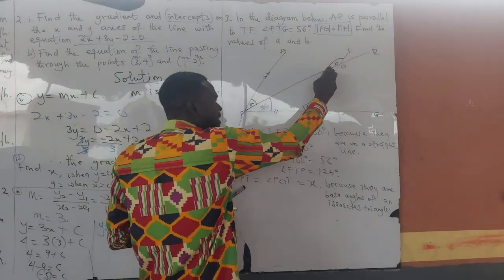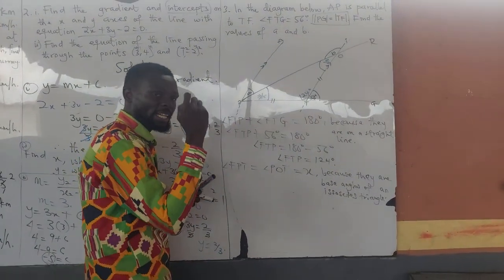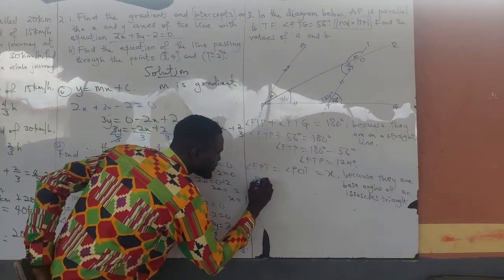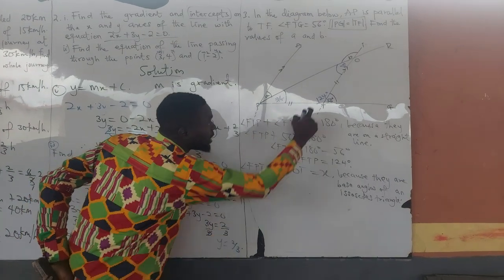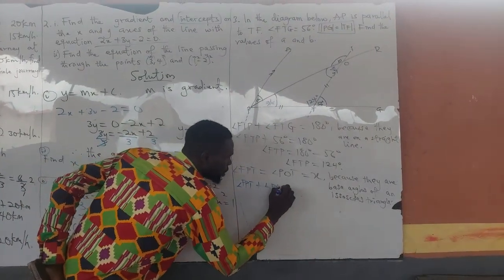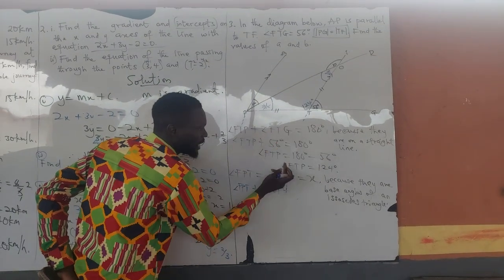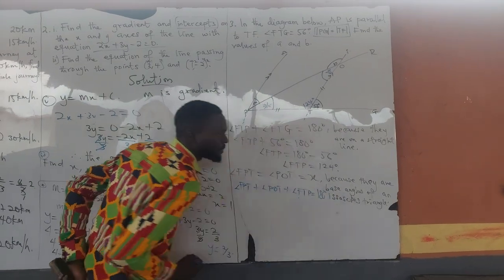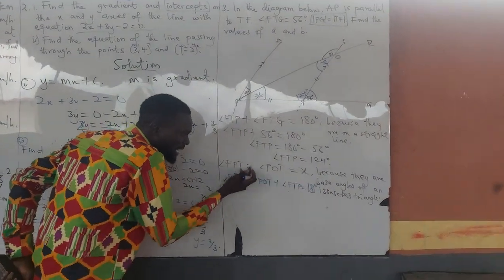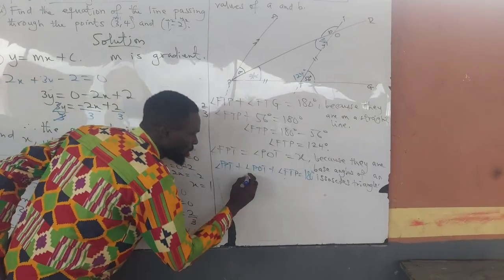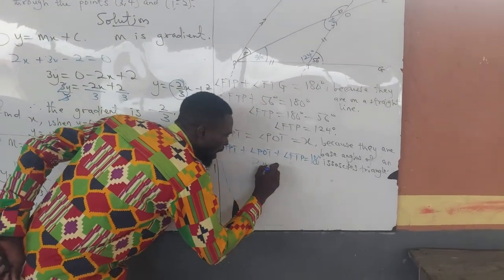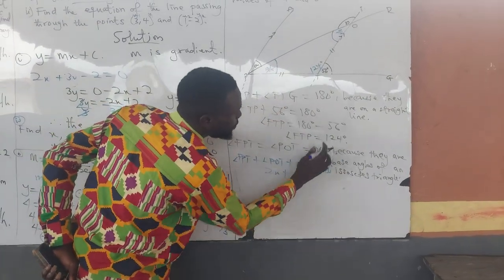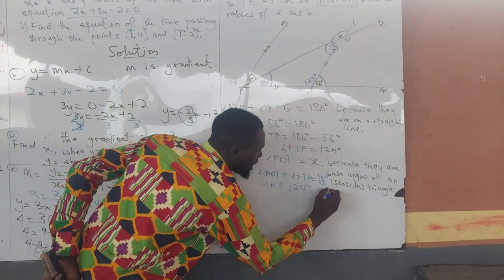So now this plus this plus this should give you 180. So let's try the vertices. Now we have angle PFT plus the angle here, angle POT, plus this angle in terms of vertices, angle FTP is 180. This angle and this angle, they are the same, so we said it should be X. So summing them is 2X plus 124 is equal to 180 degrees.